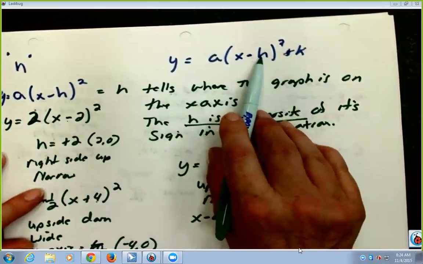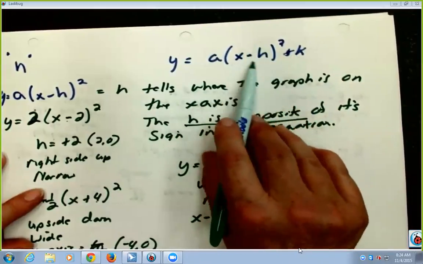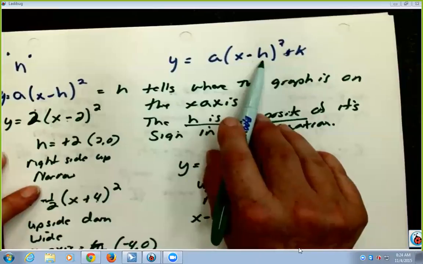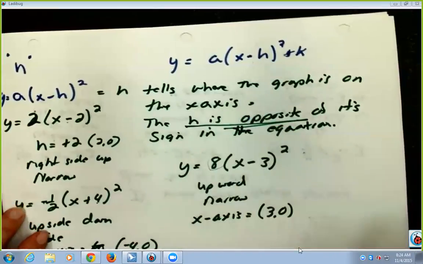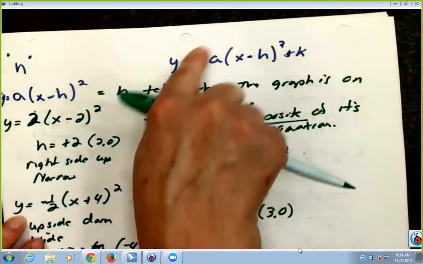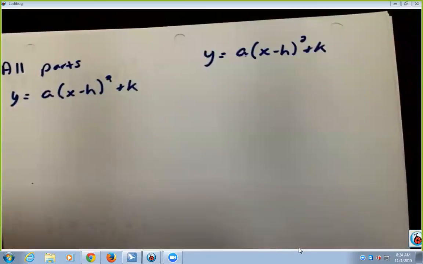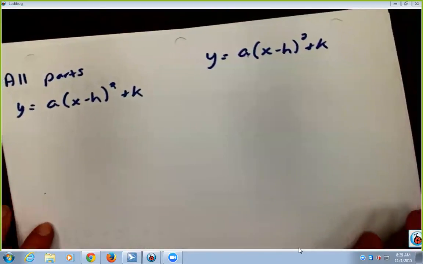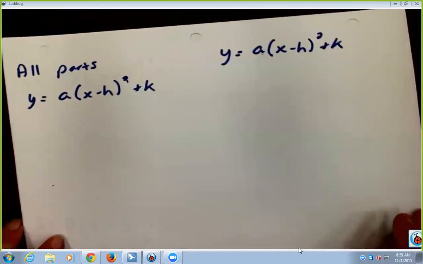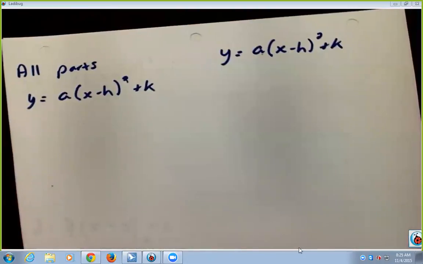And then H in here is the opposite of H, and it tells me where it's on my x-axis. So if I get my graph in this format, I can end up knowing what those pieces happen to be. So now what we've got to do is put it all together.